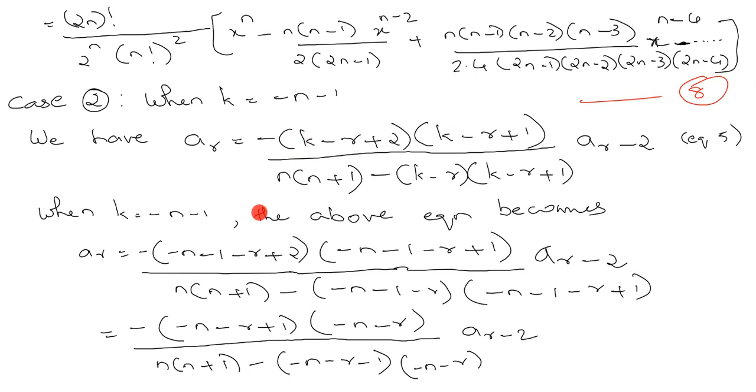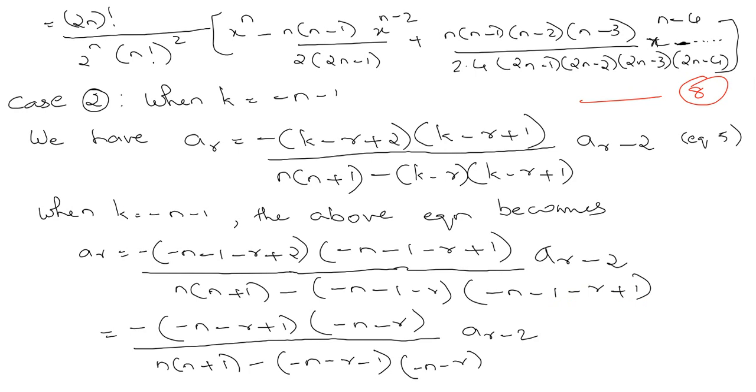So this equation will become minus of, instead of k you have to write minus n minus 1 minus r plus 2, again instead of k you write minus n minus 1 minus r plus 1, divided by n into n plus 1 minus, k being minus n minus 1 minus r, minus n minus 1 minus r plus 1, into ar minus 2.